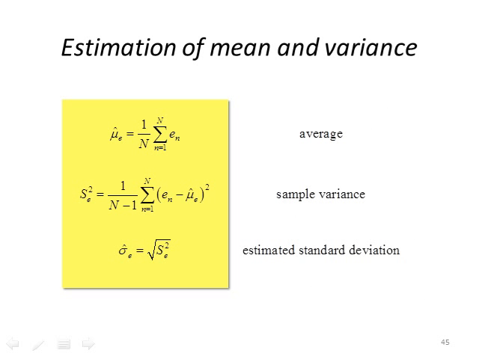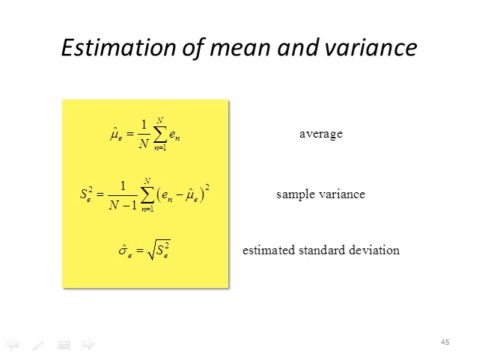So when we want to estimate the mean and the variance, we take an average, 1 divided by n, and add up all of the errors. Now the sample variance changes. Our leading term is now 1 divided by n minus 1, where n represents our degrees of freedom, or the sample size that we have.